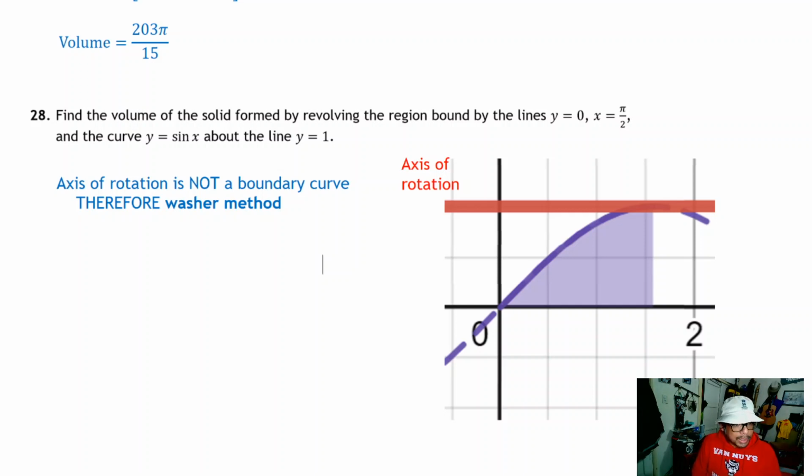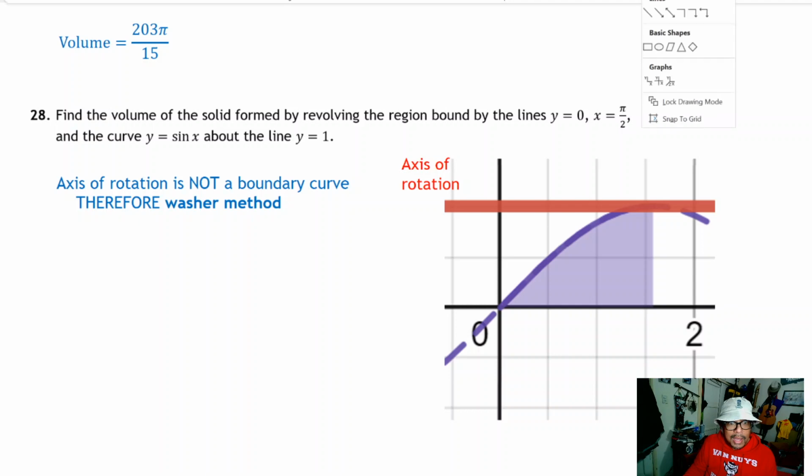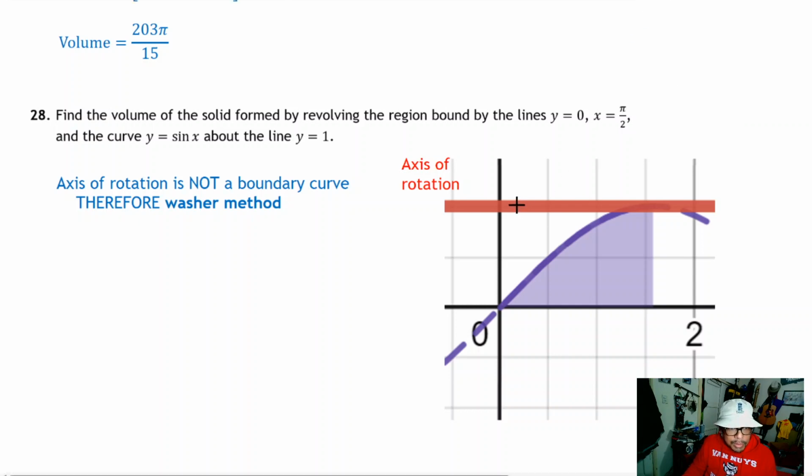And I think we're going to start with the inner radius. Let's pick blue. My inner radius is going to be the distance between the axis of rotation and the most inside curve. So that's going to be this one right here.